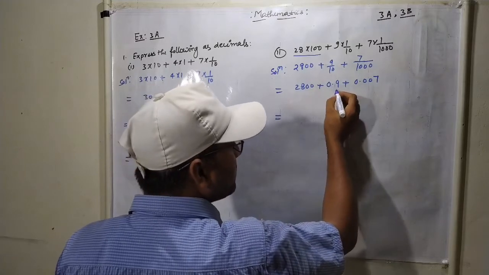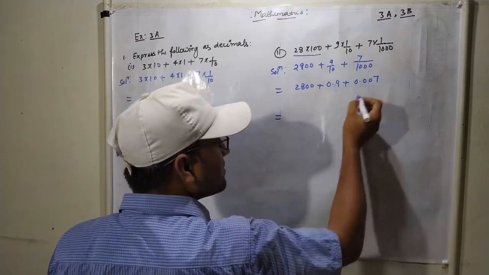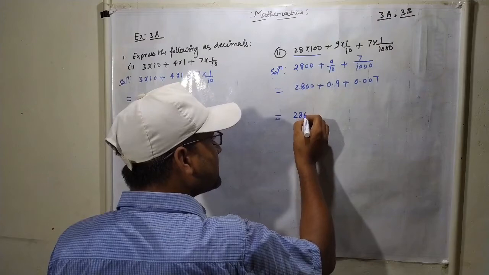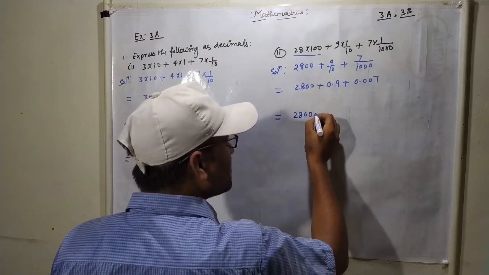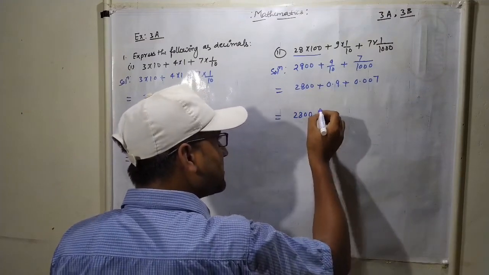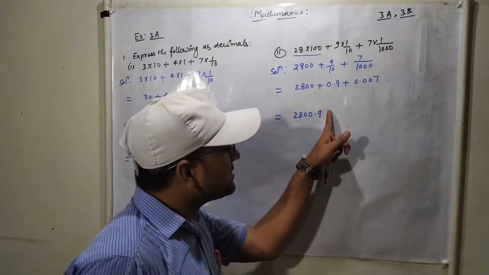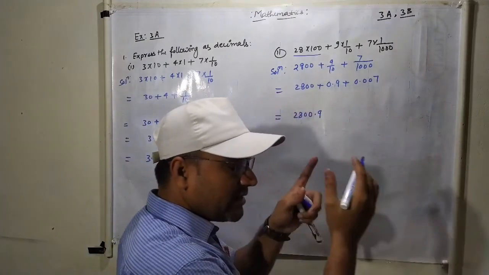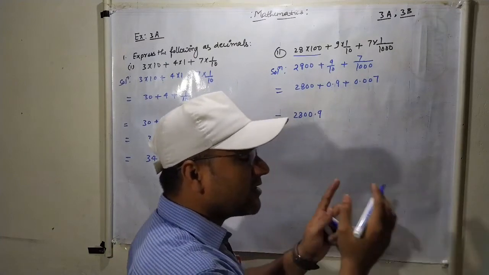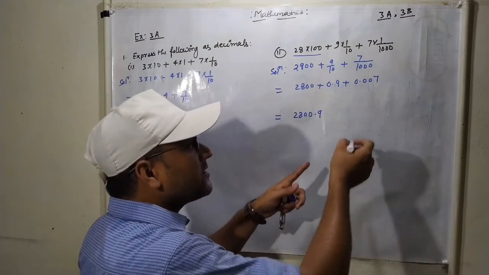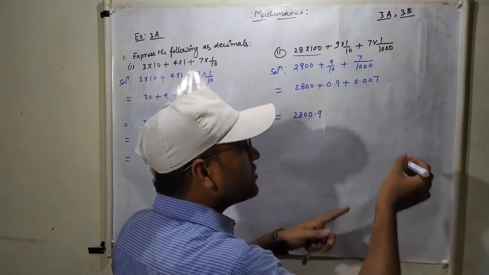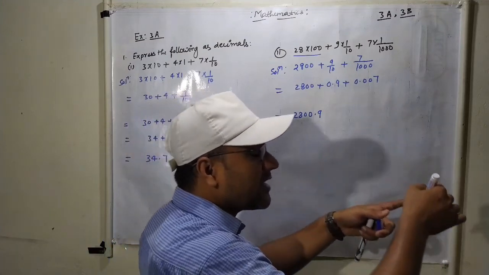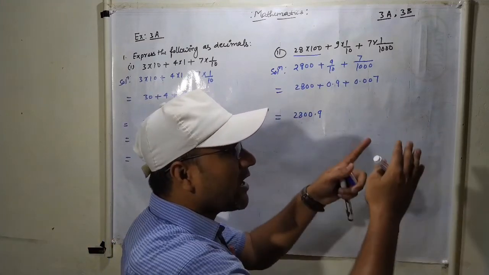Here is 1 decimal point, here is 3 decimal points. So 28, and then after the point, first place, tens place, hundreds place is not given in the place value. After the decimal point there are decimal places. In that, the first place is the tenths place, its value is 1 upon 10. The second place is the hundredths place, its value is 1 upon 100.